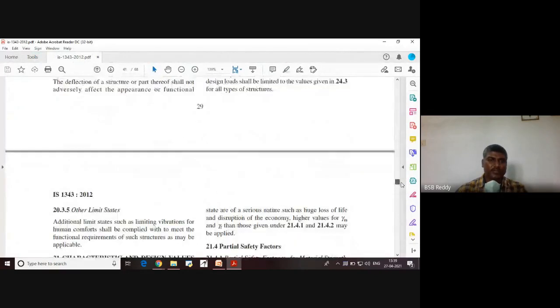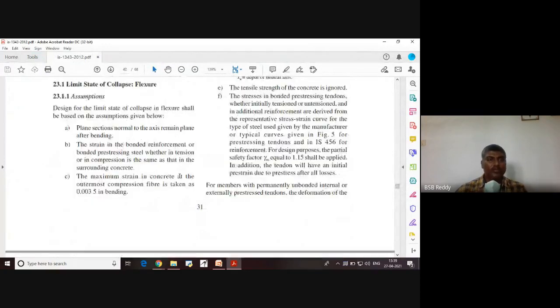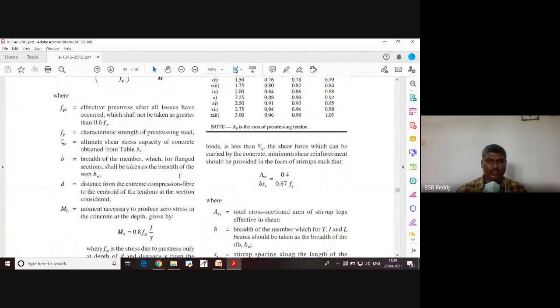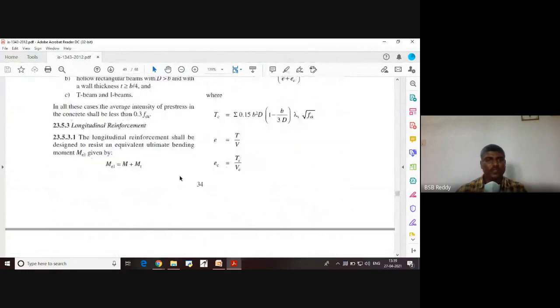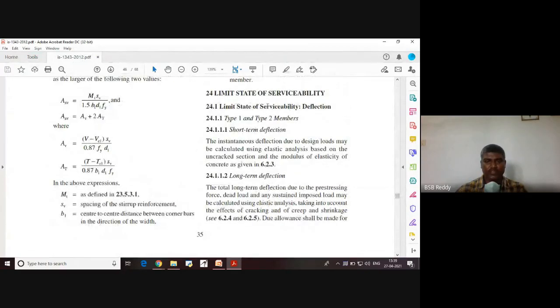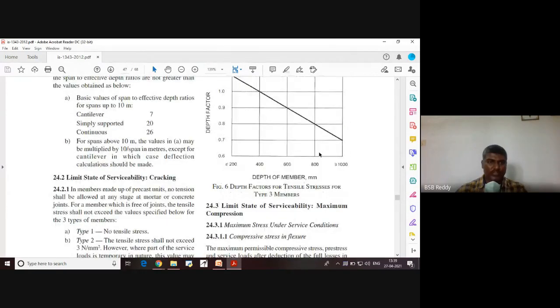So clause number 24.2. This is all 23 what you see. So 24 of the IS code is limit state of serviceability. So we shall go to 24.2.